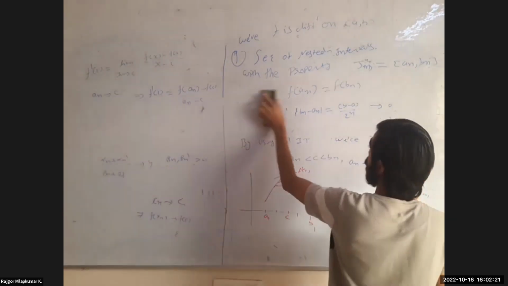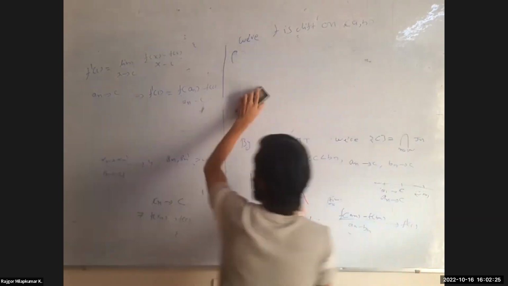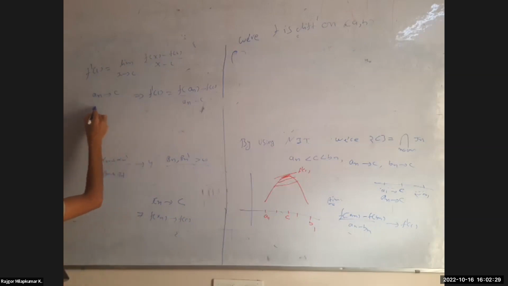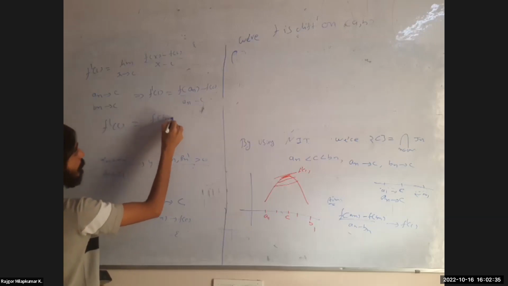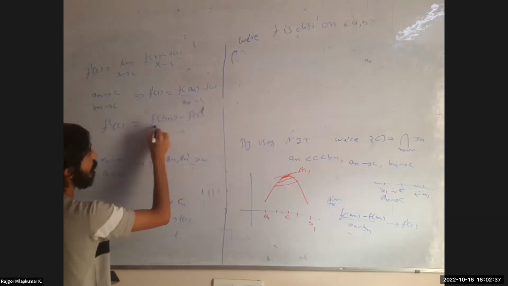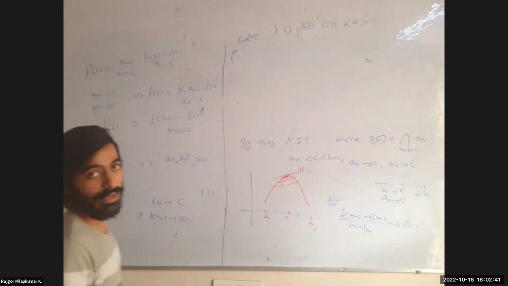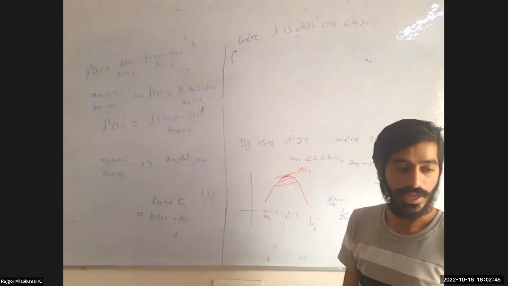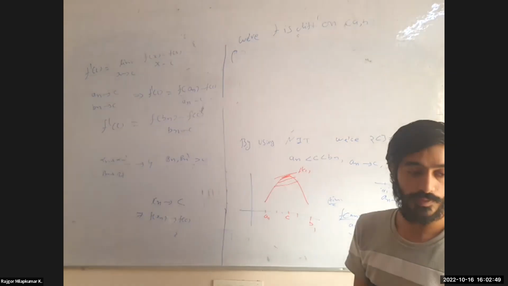Now I think I will rub this part. And similarly, Bn converges to C, so f dash C is the limit of f of Bn minus f of C upon Bn minus C. And now, can anyone of you tell how to proceed from here?